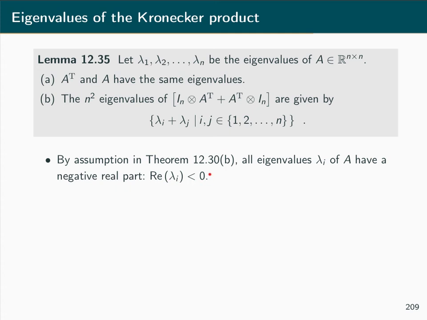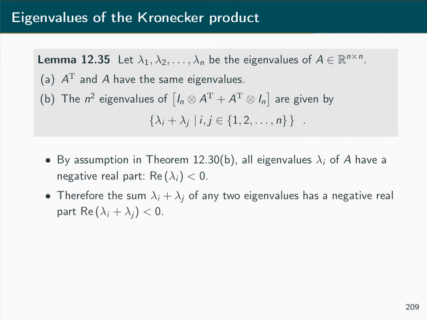So the real part of lambda i is negative for all i from 1 to n. Therefore, also the sum of any combination of eigenvalues, lambda i plus lambda j, must have a negative real part. So the real part of lambda i plus lambda j is negative for all values of i and j in the set of integral numbers from 1 through n.